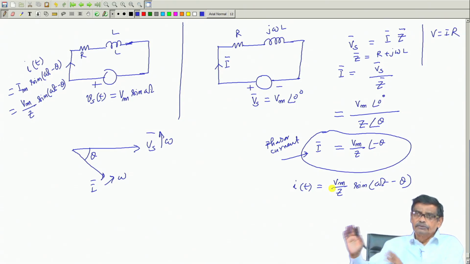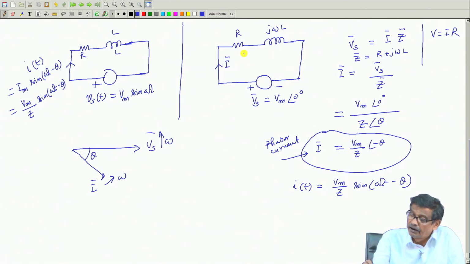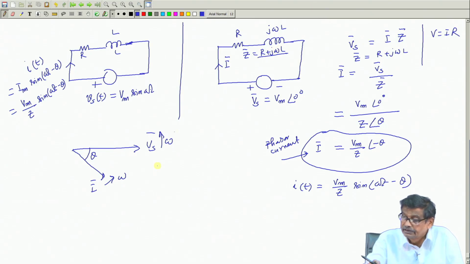That is, you do your calculation in the phasor domain, get the current phasor, and find out the impedance of the circuit, Z bar is equal to R plus j omega L. It is a complex number. This is not a phasor, it is neither rotating, nothing like that, but the ratio of the voltage and current phasors comes out to be a complex number.